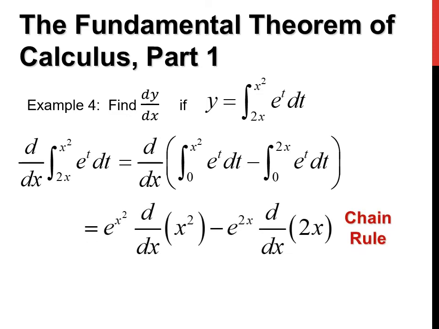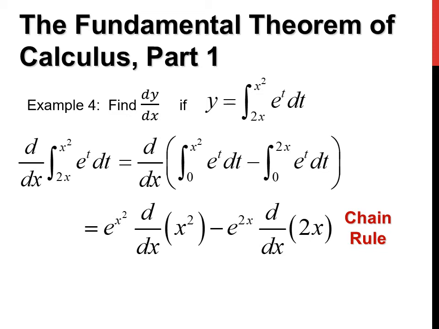So the derivative of the integral of e to the power of t dt from 0 to x squared is done by replacing t with x squared. That gives you e to the power of x squared, but by chain rule we have to differentiate x squared. And similarly, in the second integral, the derivative of e to the power of t dt from 0 to 2x can be done by replacing t with 2x.